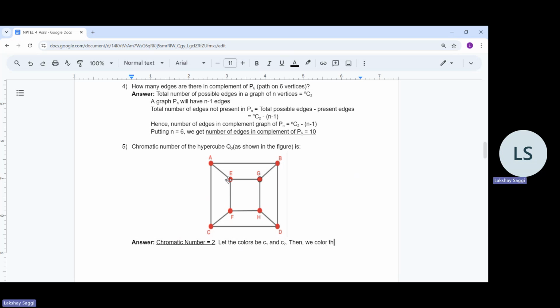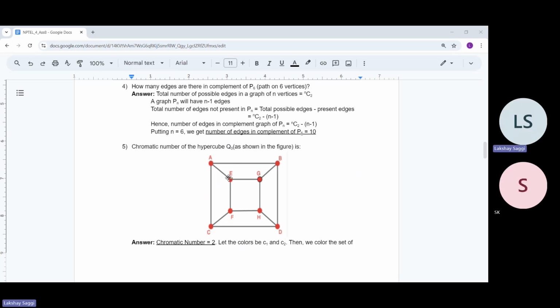Then we need to give the set of vertices to which we assign the color C1 and the vertices to which we assign the color C2. If we give A the color C1, then its neighbors B, E, and C should get the color C2, because endpoints should have different colors.